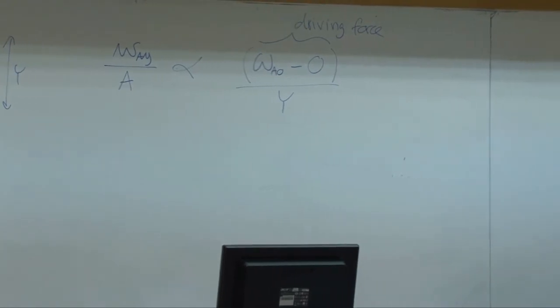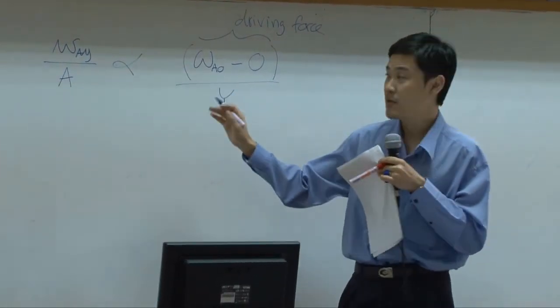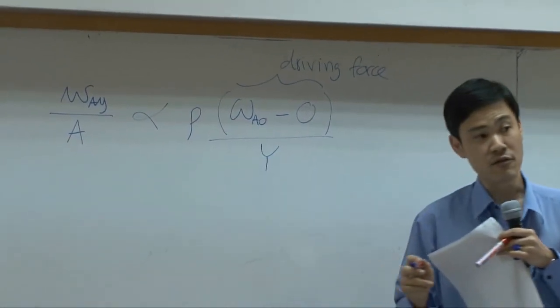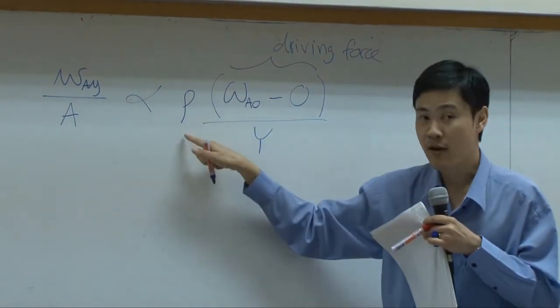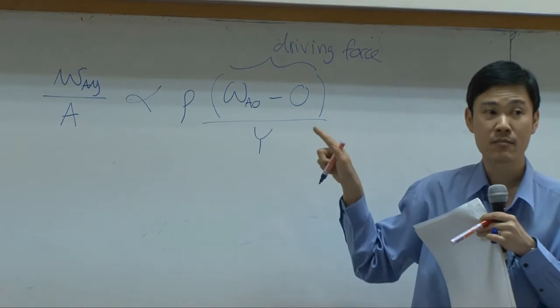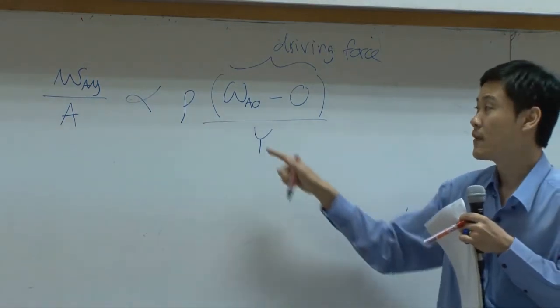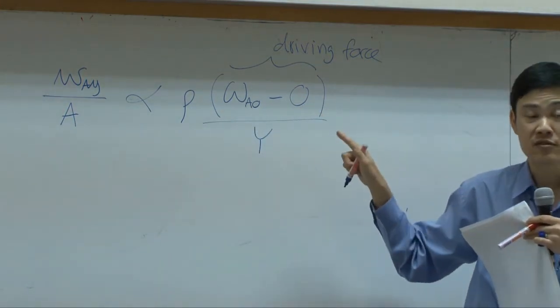Okay? So if I express them in terms of mass concentration, I can write down something like this, right? Rho, total concentration, times omega A, is supposed to equal to rho A. Okay? Total concentration times omega is supposed to be mass concentration up there.